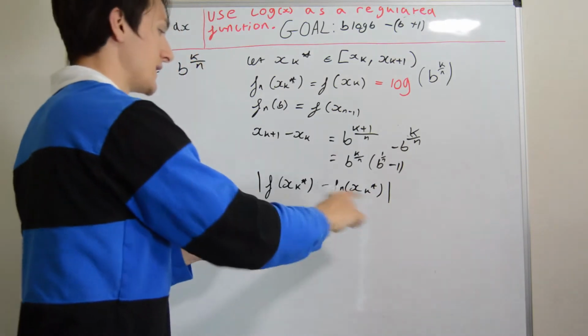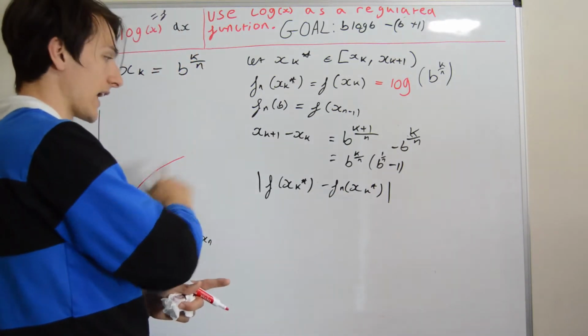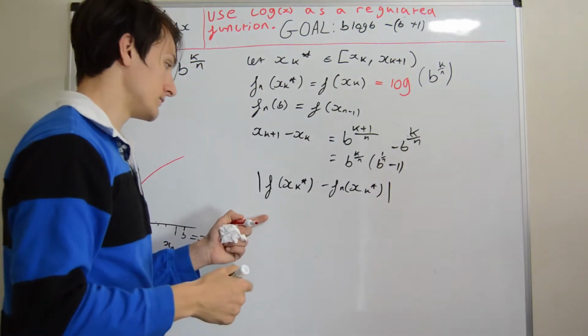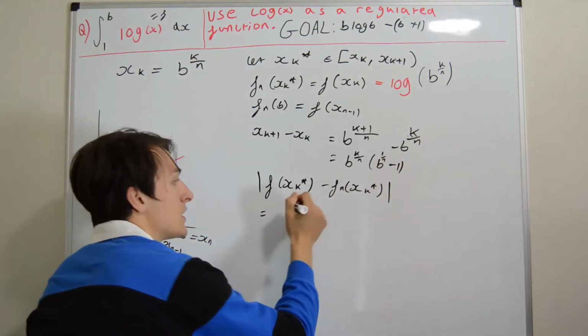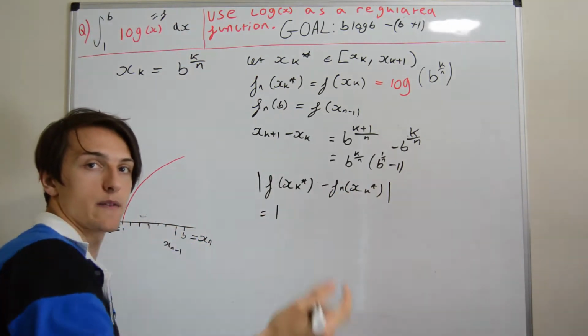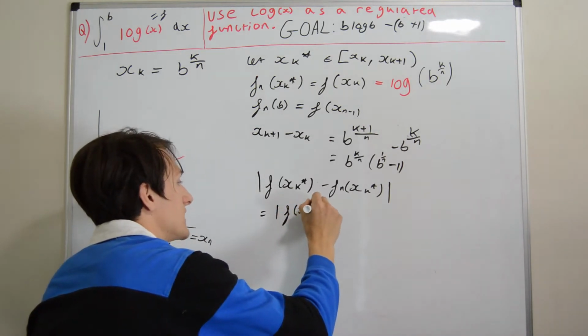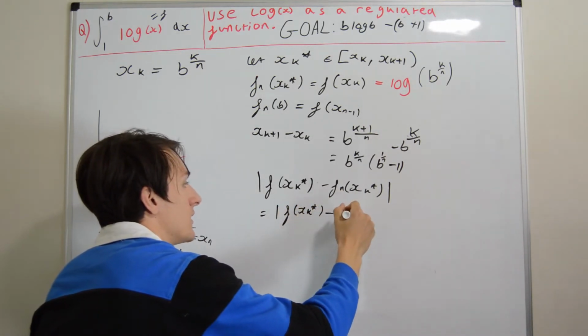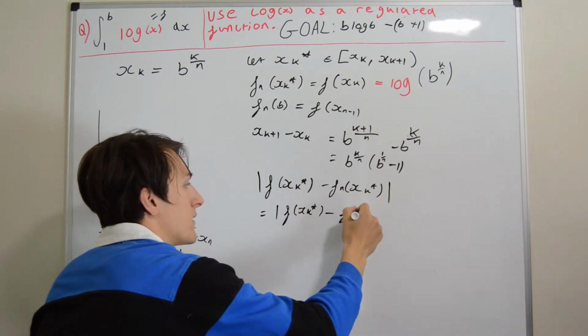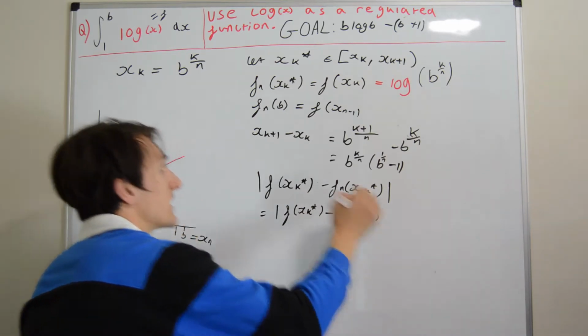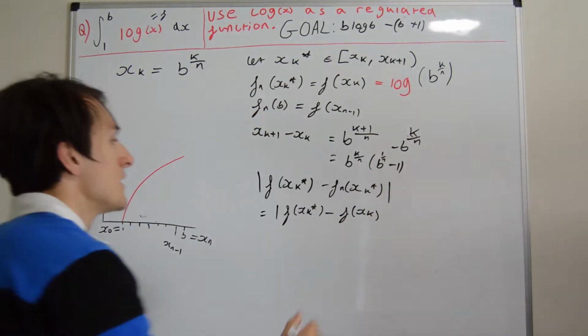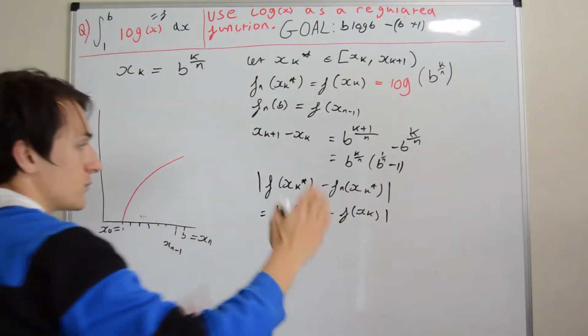So we want to find the difference between the step function and log x itself. Well, let's just use the definition of how we define the step function in the first place. So that's going to be f of xk star minus f of xk, up here. And this is all within the modulus.